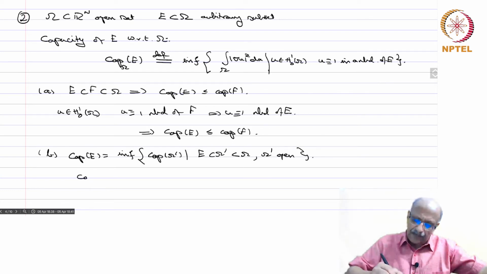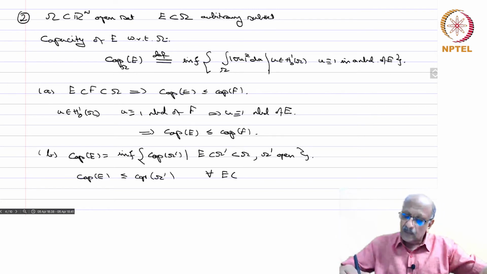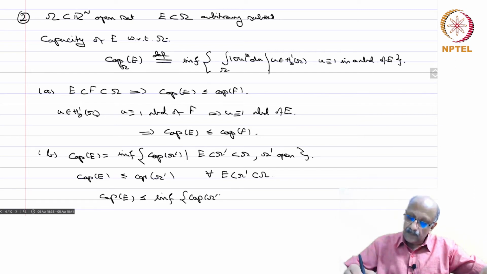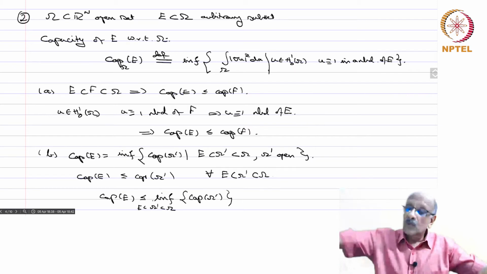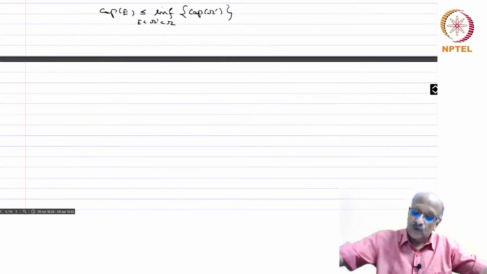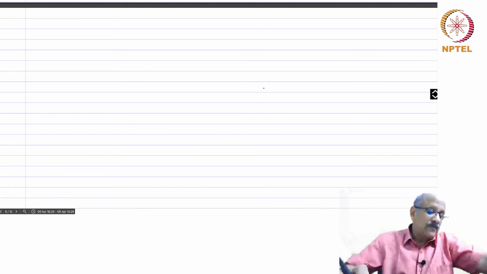So obviously cap E is less than or equal to cap omega prime for all E contained in omega prime contained in omega, and therefore cap E is less than or equal to the infimum of cap omega prime, omega prime contained in omega, E contained in omega prime. So one inequality is clear. So we have to show the reverse inequality.